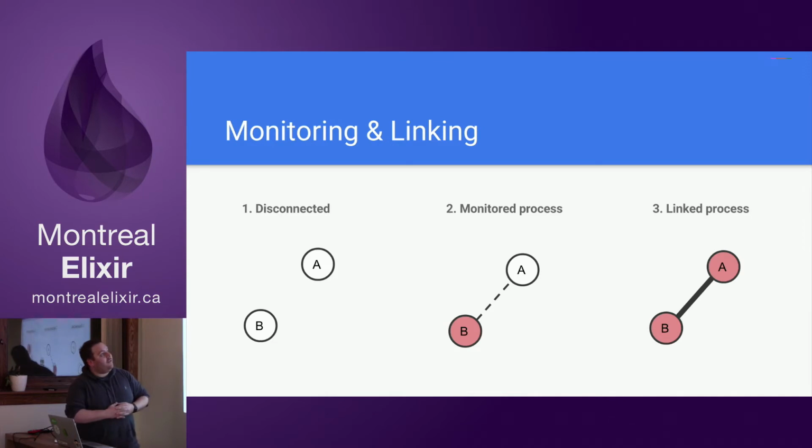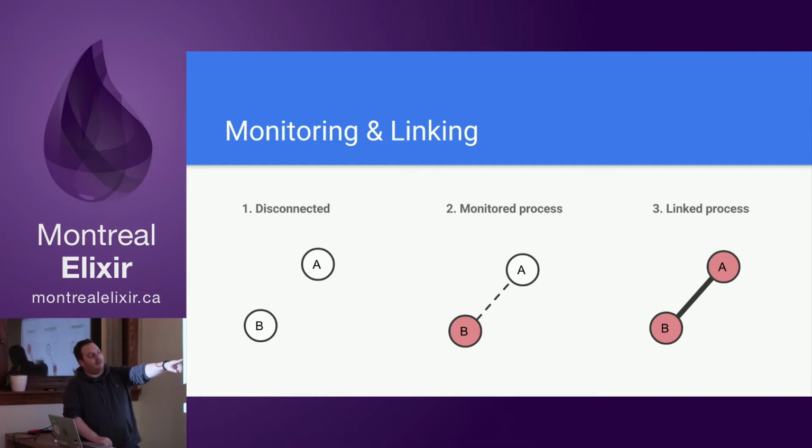So Erlang has this really cool, and Elixir has this really cool system where, imagine you have two actors, two processes, whatever you wanna call them, two gen servers, A and B. If they're disconnected, if one of them terminates, the other one is totally unaffected, right? So it's isolated. If A wants to monitor B, then if B terminates, A still will continue executing, but it will get notified that B terminated.